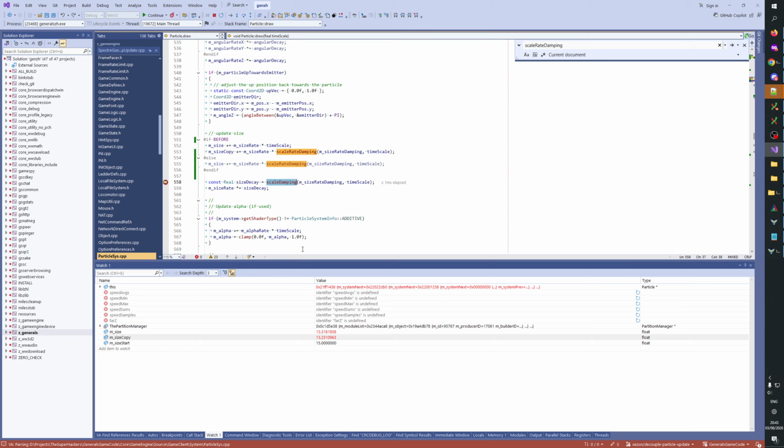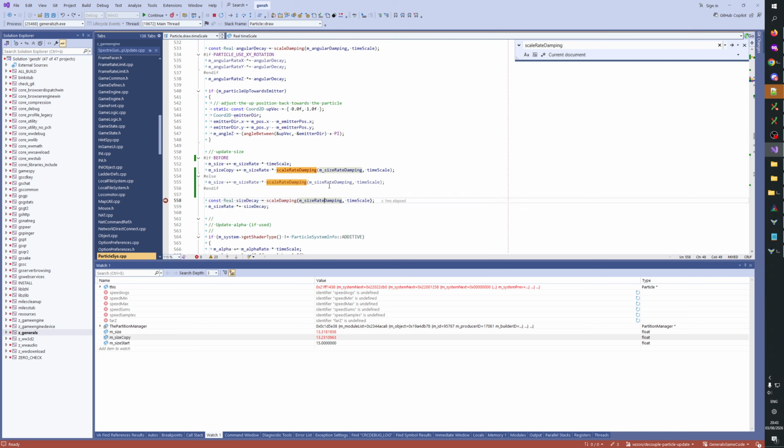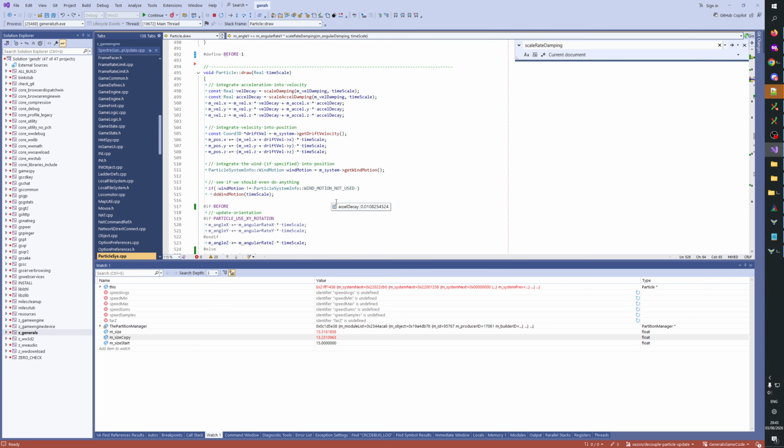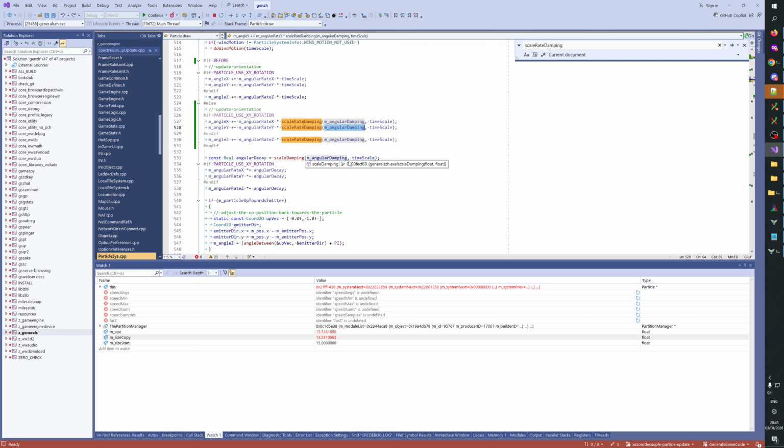Here, scale damping. So the size rate damping, that is already taken care of. And the same for this angular damping, it's also taken care of.